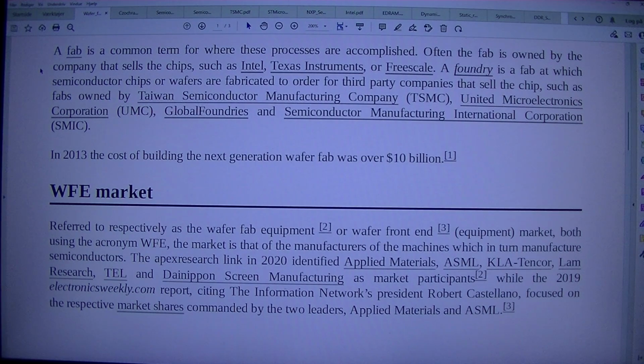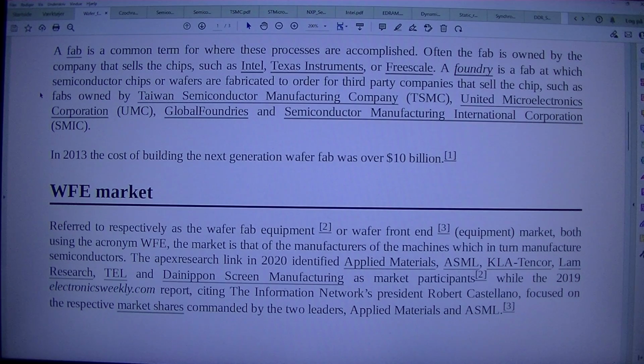A foundry is a fab at which semiconductor chips or wafers are fabricated to order for third-party companies that sell the chip, such as fabs owned by Taiwan Semiconductor Manufacturing Company, TSMC, United Microelectronics Corporation, UMC, Global Foundries and Semiconductor Manufacturing International Corporation, SMIC. In 2013, the cost of building the next generation wafer fab was over $10 billion.